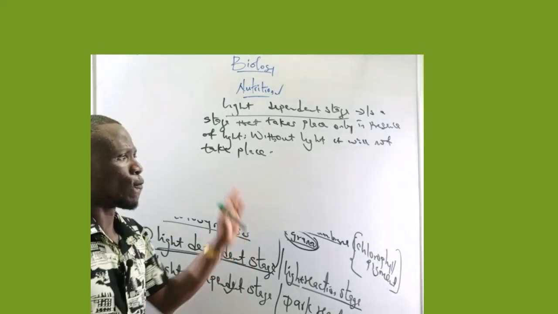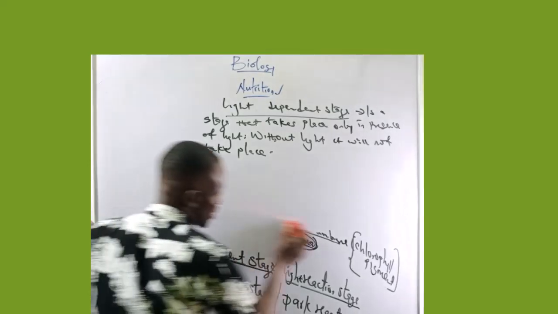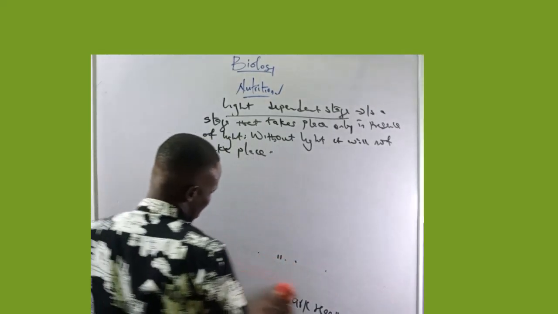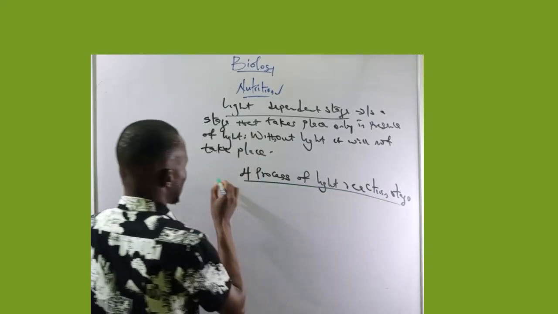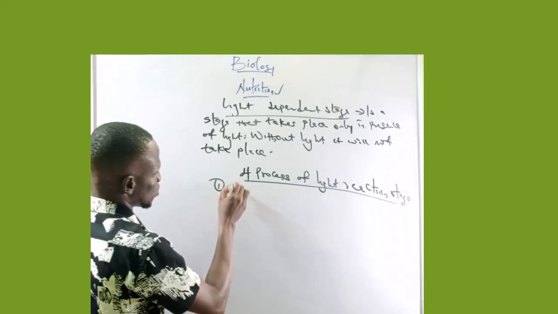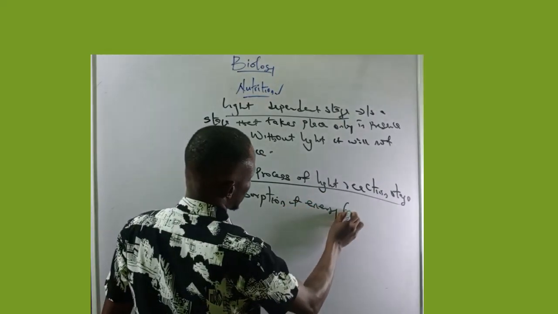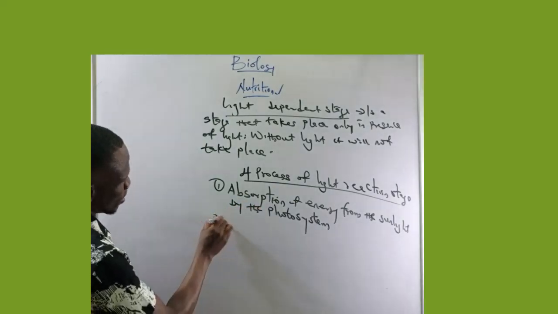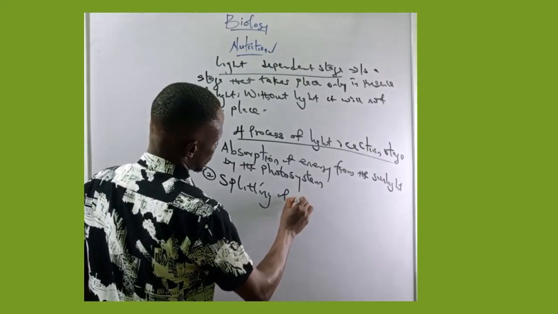There are four processes that take place in the light dependent stage. What are the four processes? Number one is absorption of energy from the sunlight by the photosystem. Number two is the splitting of the water molecule.